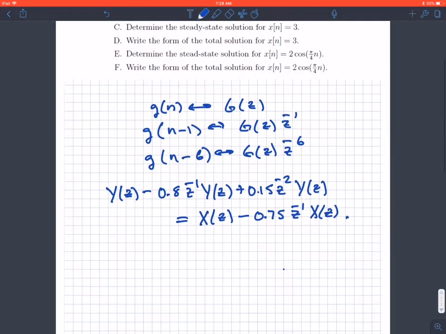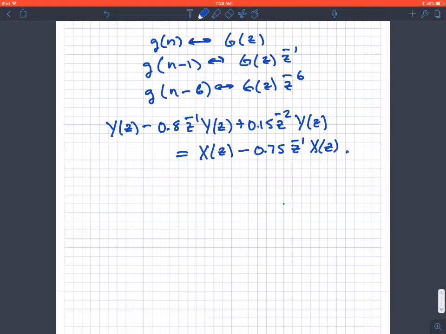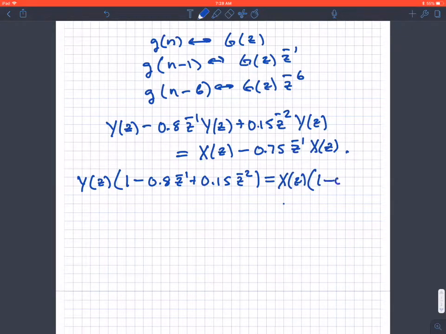All right, so that's the z-transform of the equation, and now it's just a matter of algebra to get the transfer function, because we factor out y of z and we factor out x of z. Then we write h of z, the transfer function, as y of z over x of z.